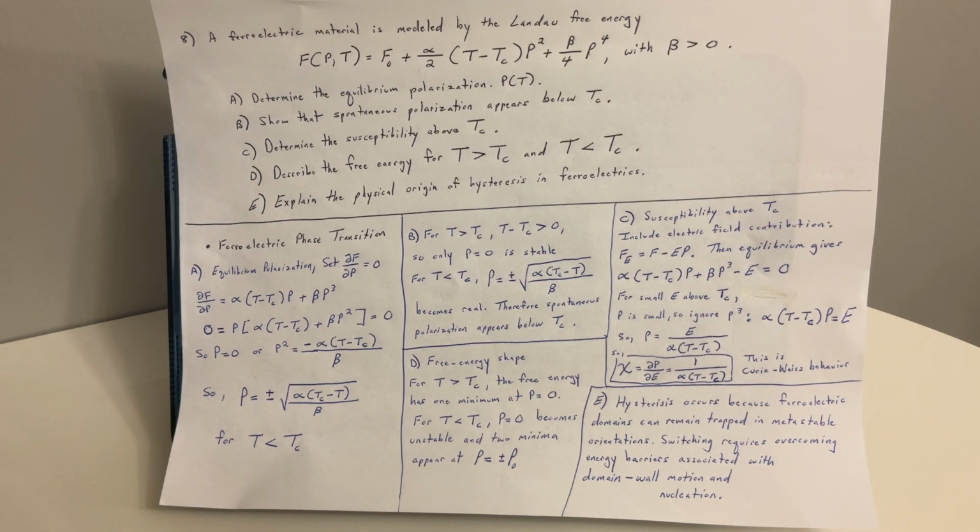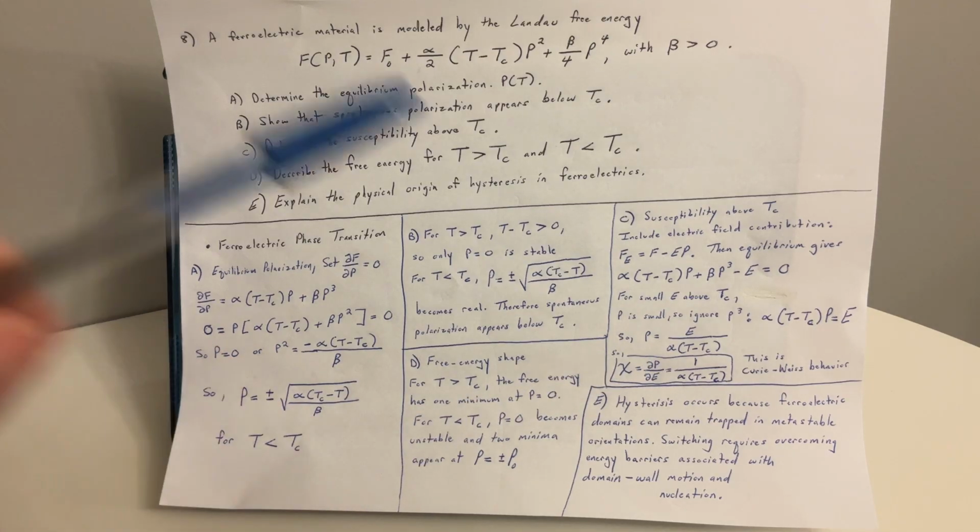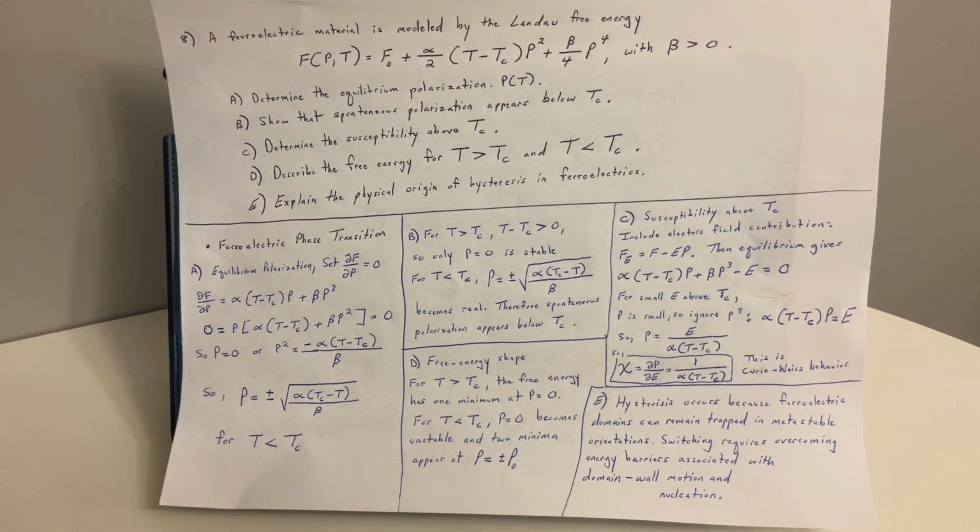Thus, alpha times (T minus T sub c) times P equals E. Solving for P, P equals E over alpha times the quantity (T minus T sub c). Our chi is the partial derivative of P with respect to E, which equals 1 over alpha times the quantity (T minus T sub c). And this is Curie-Weiss behavior.